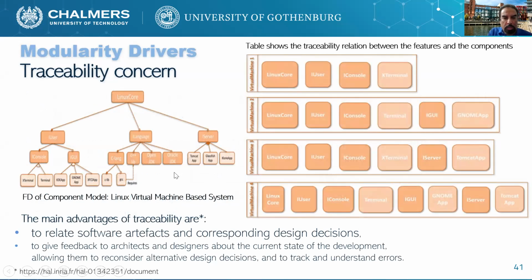Traceability, as you see in this feature model, from the darker shade and the lighter shade, shows you that we can trace the feature model, feature by feature, to its implementation in a solution that uses containers or virtual machines.